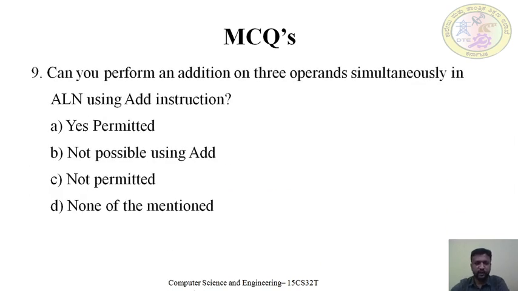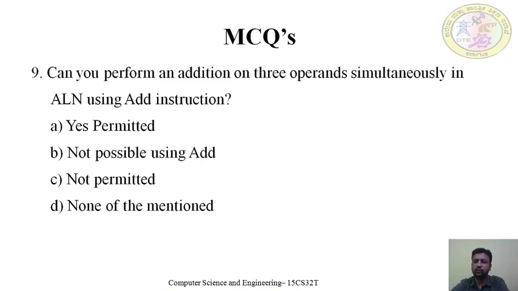Can you perform an addition on 3 operands simultaneously in ALN using the add instruction? Option A, permitted. B, not possible using add. C, not permitted. D, none of the mentioned. Add on 3 operands in ALN is not possible simultaneously, because the last operand stores the value of the first 2 operands.